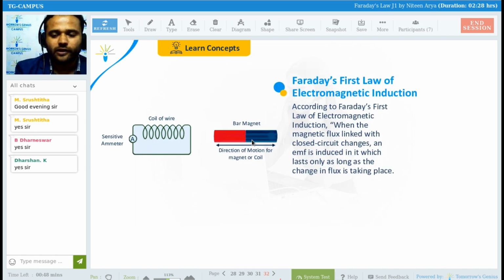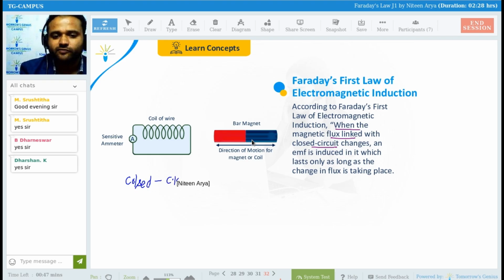Faraday's first law of electromagnetic induction states that when the magnetic flux linked with a closed circuit changes... Why does it need to be closed? Because if it is not closed, the current is not going to pass, or it is not going to make a complete circuit.